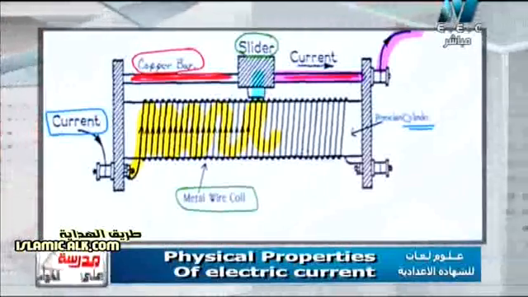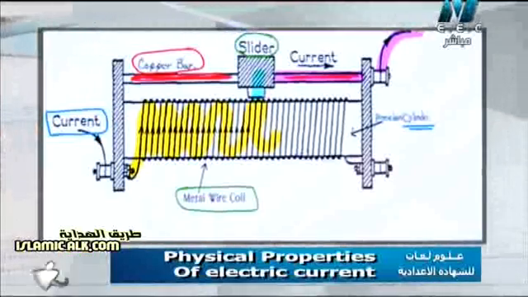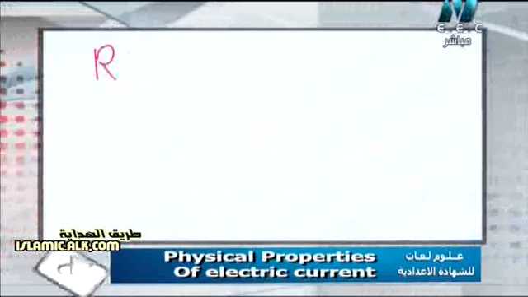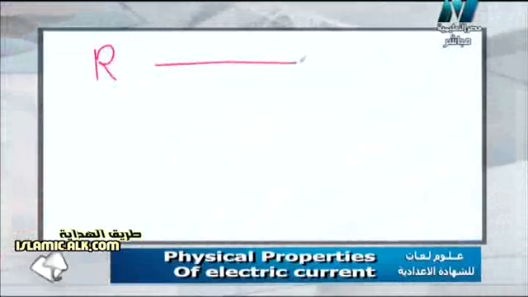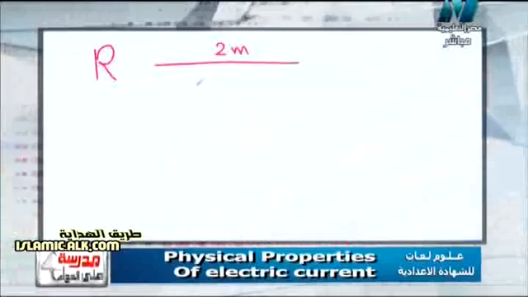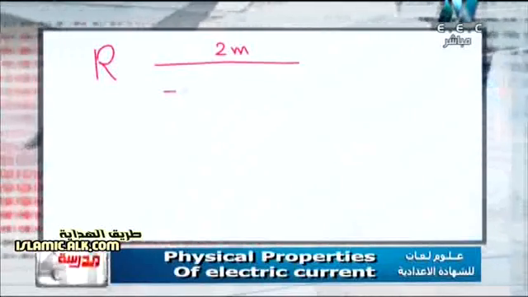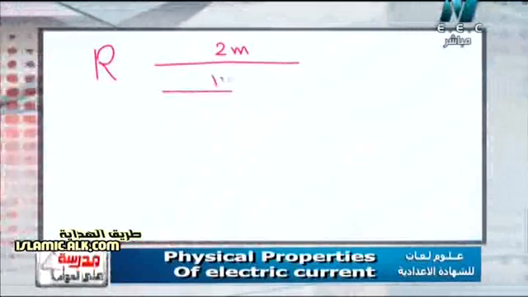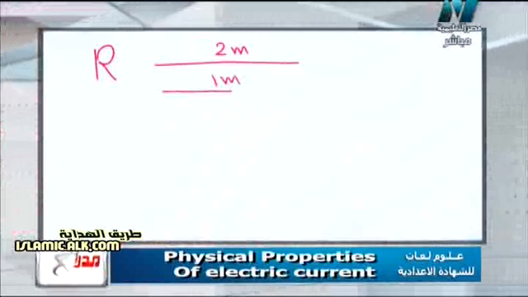How come? Here, dear students, we have R, which means electric resistance. If we have a wire whose length is 2 meters, and we have another wire whose length is 1 meter, which one of them has more electric resistance?